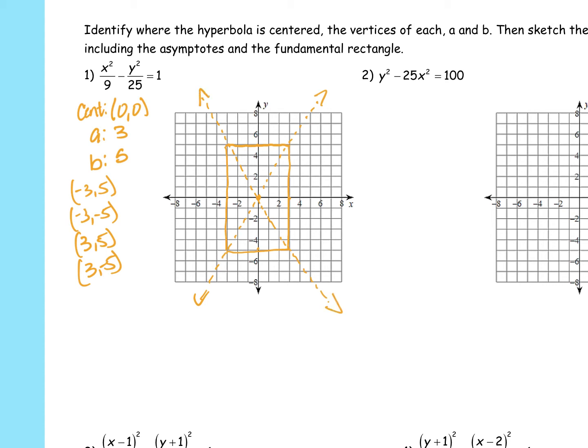And then my x comes first. So my x is first. So that means it's opening horizontally. So here is where my hyperbola is going to touch. Okay, my hyperbola is going to touch my fundamental rectangle, and then it goes along, right, my asymptote.